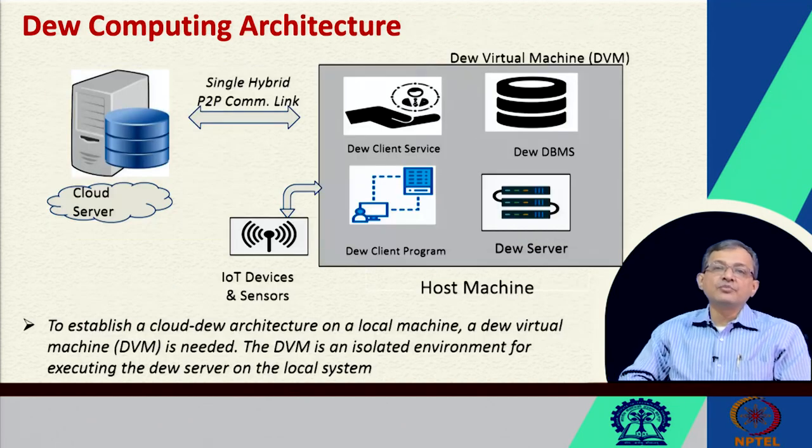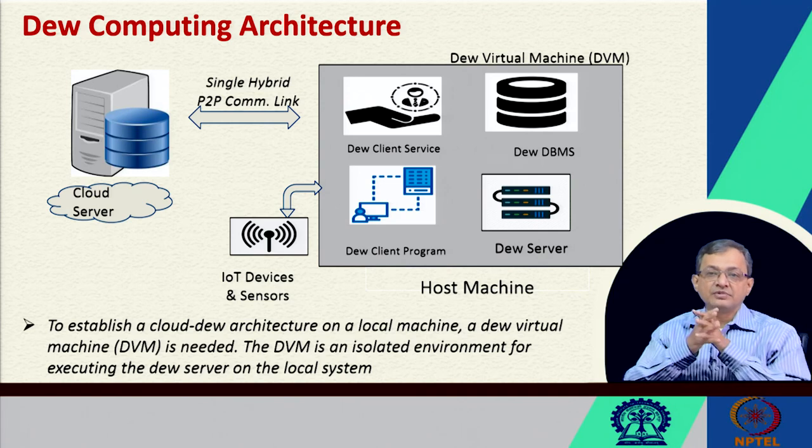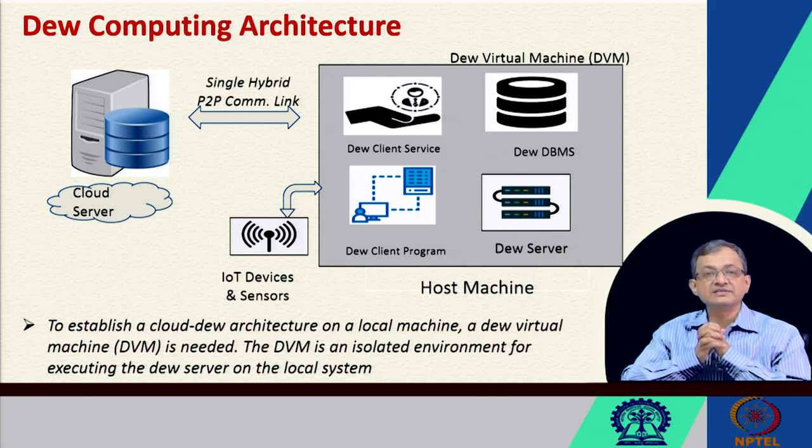So, now looking at the broad architecture, what we see, one side what we require is the cloud, right. Which needs to be synced with either a single hybrid P2P communication link, which whenever the connection is there, it is there. Other side you have IoT devices and sensors where the data are being collected, right.